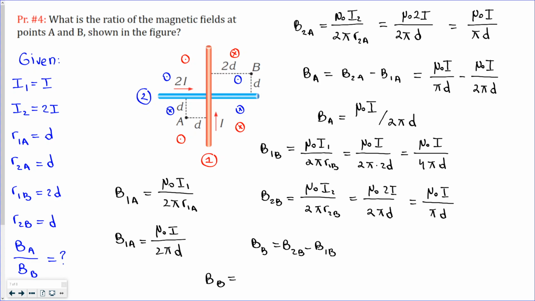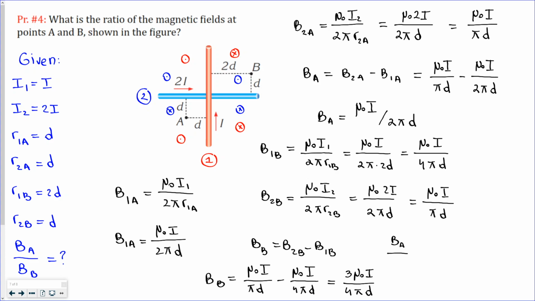It will be equal to mu 0 I over pi D minus mu 0 I over 4 pi D, and that equals 3 mu 0 I over 4 pi D. And now we know the net magnetic field at point A and at point B. Now we just need to divide these.